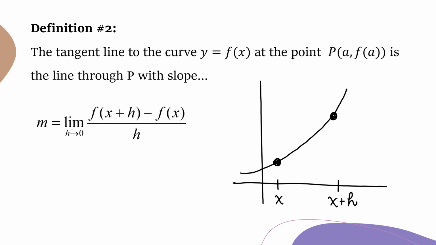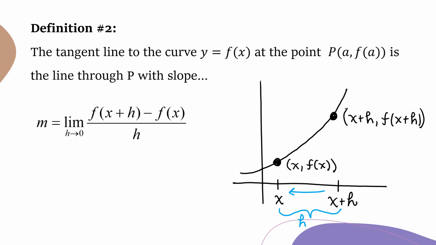That means that we have 2 points, x comma f of x, and x plus h, comma f of x plus h. And we look as this x plus h gets closer and closer to x, where h is the distance between x and x plus h.